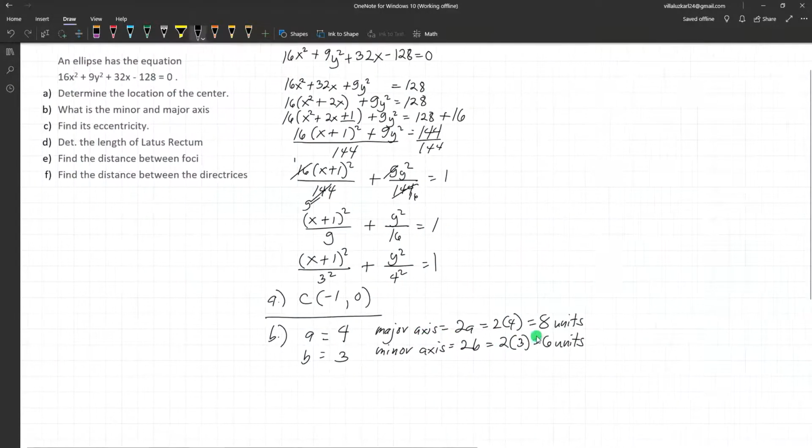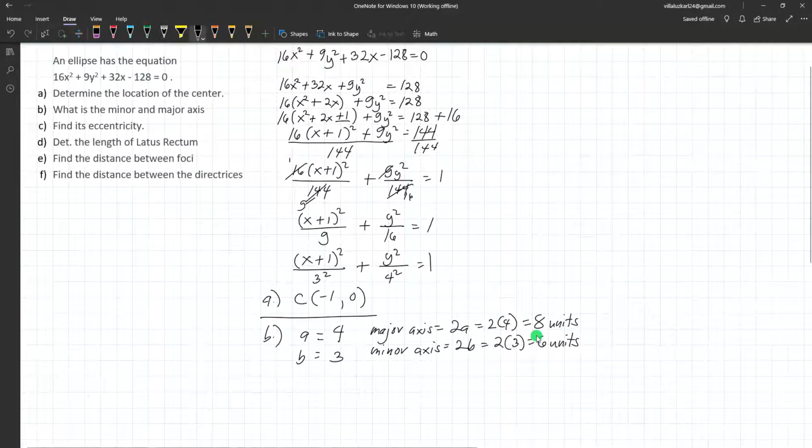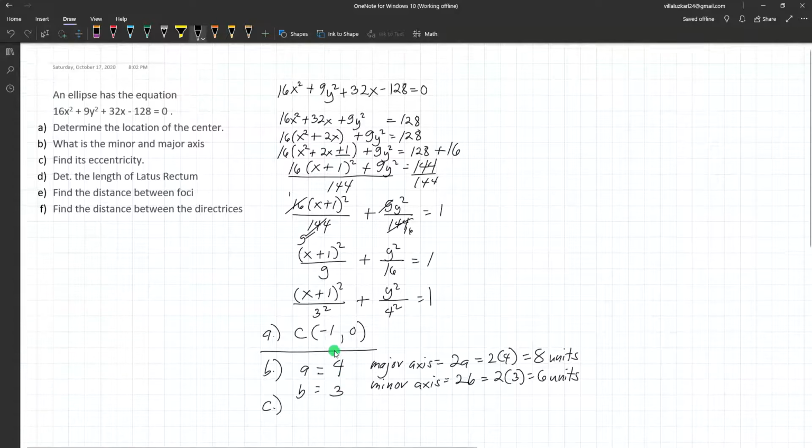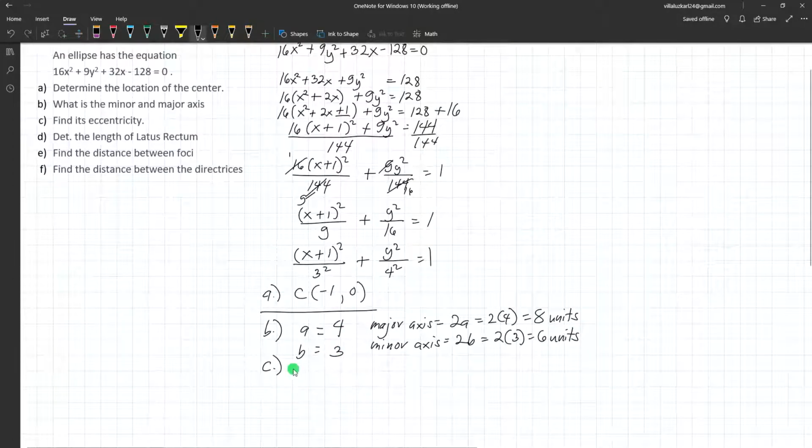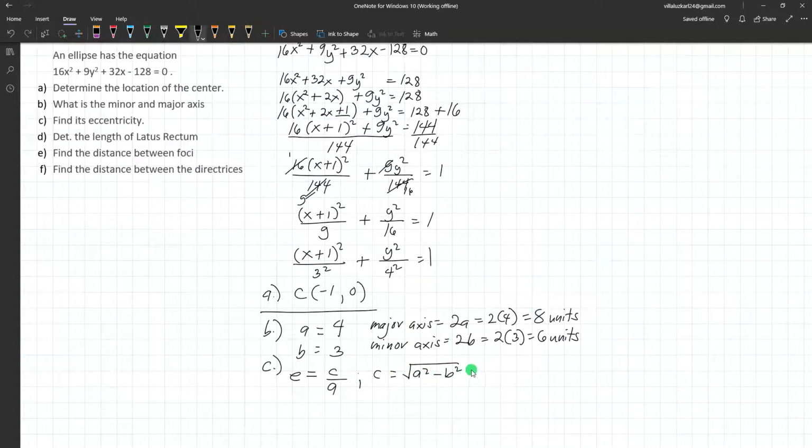Now for C, find the eccentricity. For the eccentricity, we have a formula of e equals c over a, where c is equal to the square root of a squared minus b squared. Now it is equal to 4 squared minus 3 squared.